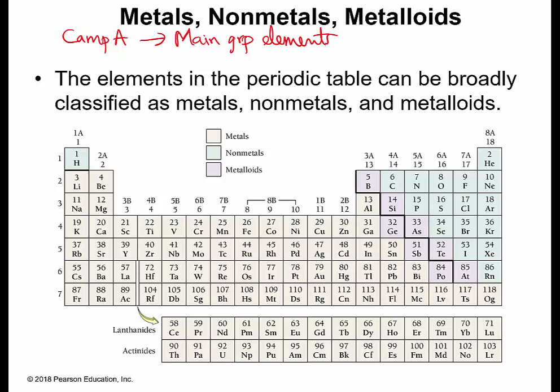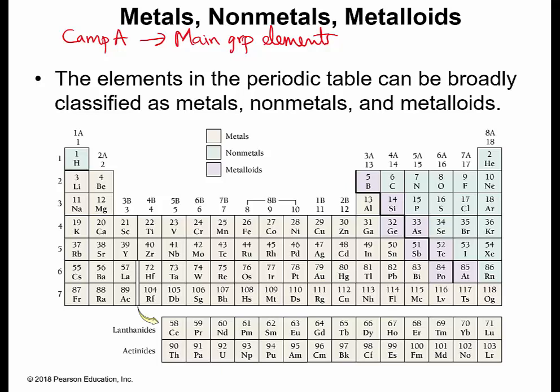Main group elements are very easy to work with. You can mostly predict what you will get when you use them in the lab. We will learn a lot about them. And in the United States, we mostly classify the groups of elements based on these 2 camps.